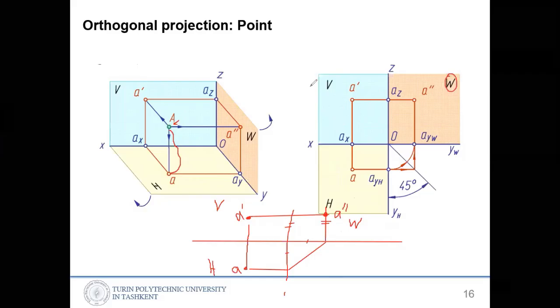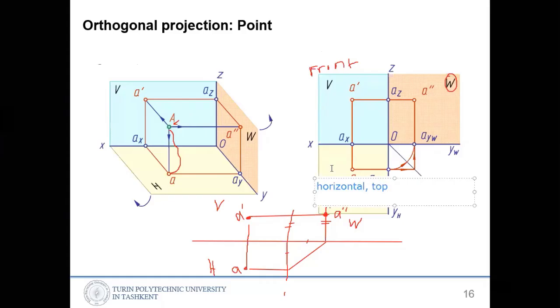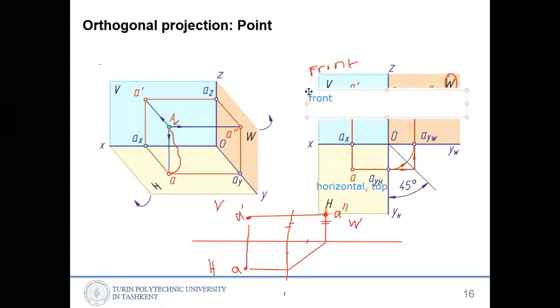So let's repeat. The V plane is the front plane, frontal or front. The beige one is the H plane, horizontal, or top plane. And W is the profile plane.